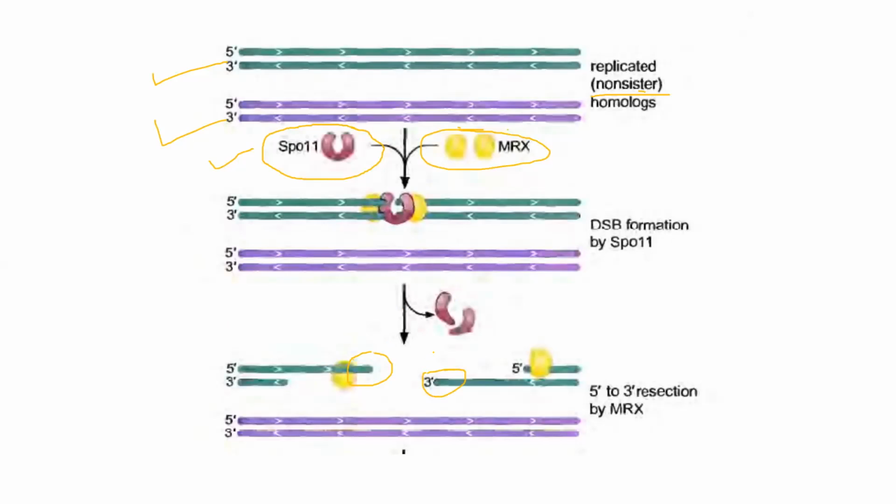Not only that, due to the action of MRX, the SPO11, which is covalently bound to DNA, has left the picture. This is called 5' to 3' resection by MRX, which is this generation of single-stranded DNA tails. So far, SPO11 has introduced the double-stranded breaks, and MRX has done processing to generate 3' single-stranded DNA tails.